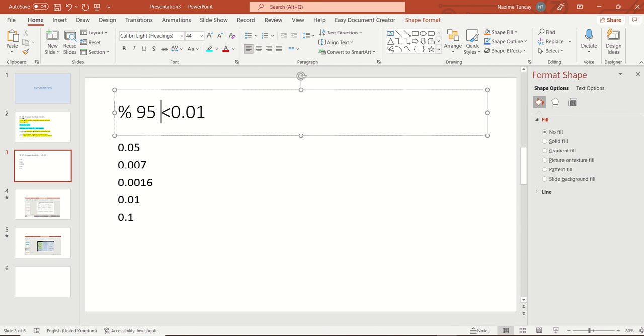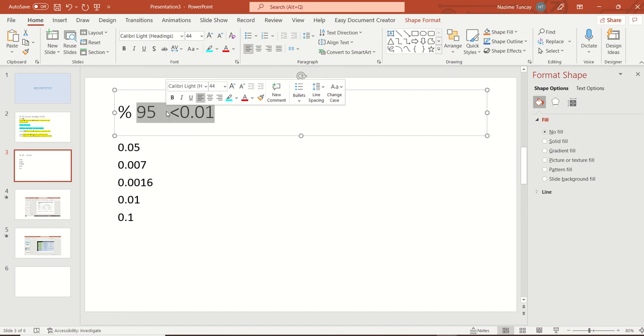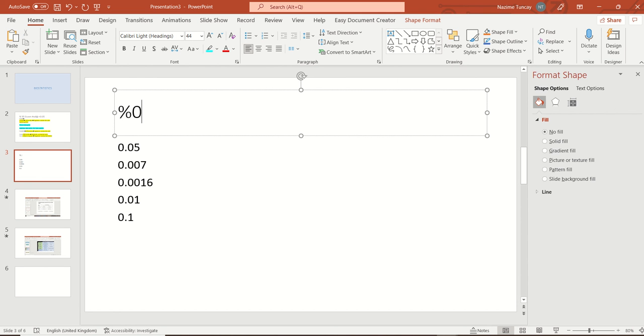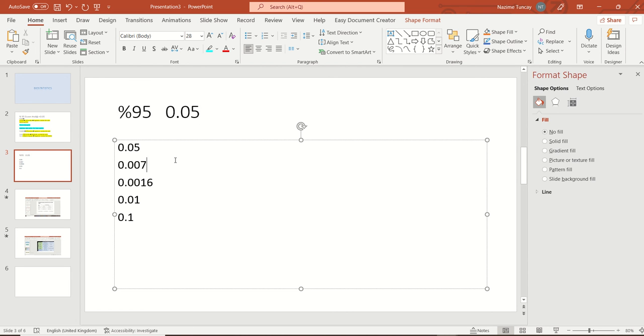For a 95% confidence interval, I have to work with 0.05. So if this number is smaller than 0.05, let us say these are p-values, if they are smaller than 0.05, we say that there is a significant difference. These are p-values here.